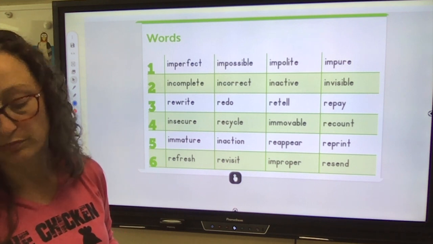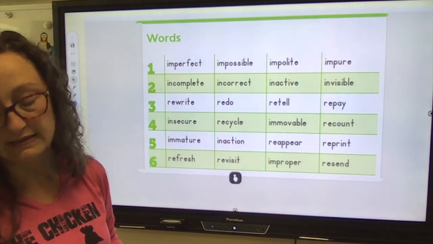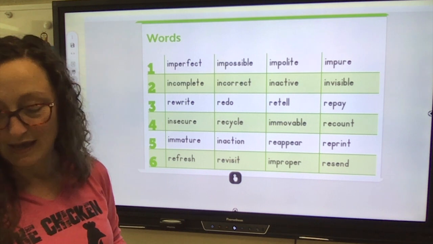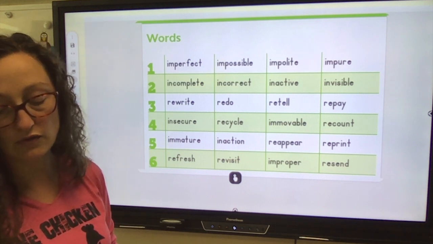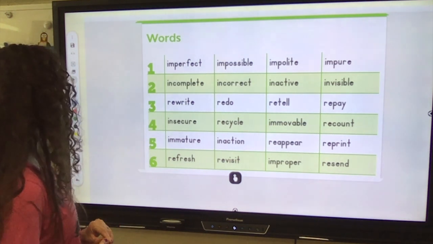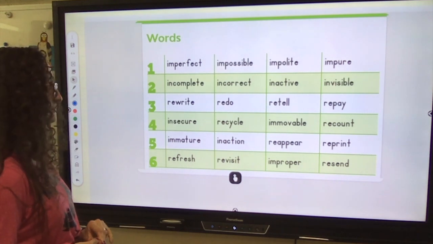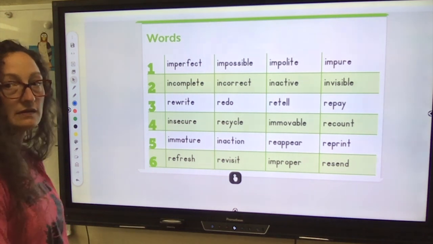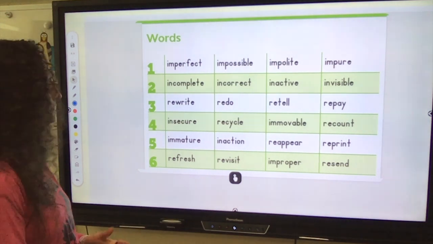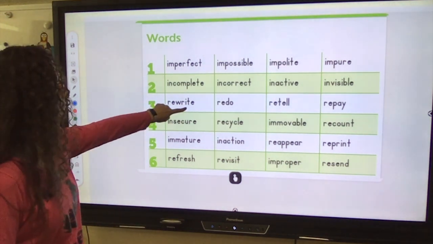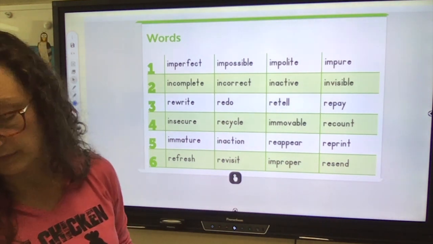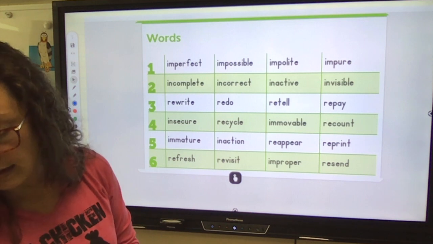All right, we have two more. I had to blank the words that I spelled wrong. Oh, I make you do this. Do you see it? How about rewrite? I had to rewrite the words that I spelled wrong. Okay, and last one.